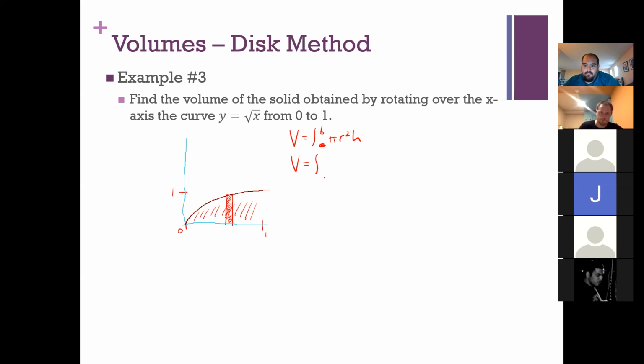It would be from 0 to 1, and pi times the square root of x squared, and then dx. Which ends up coming out real simple.